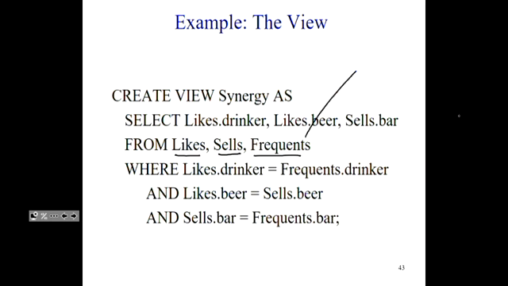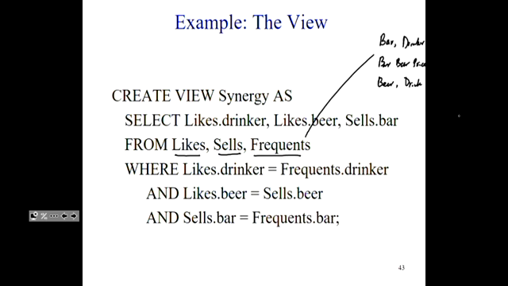Frequents was bar, drinker. Sells was bar, beer, price, and likes was beer, drinker. Okay, so these are the attributes.